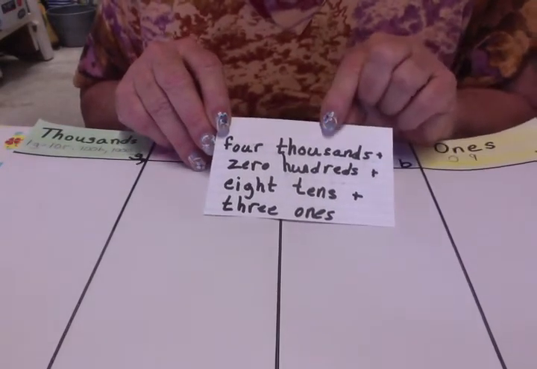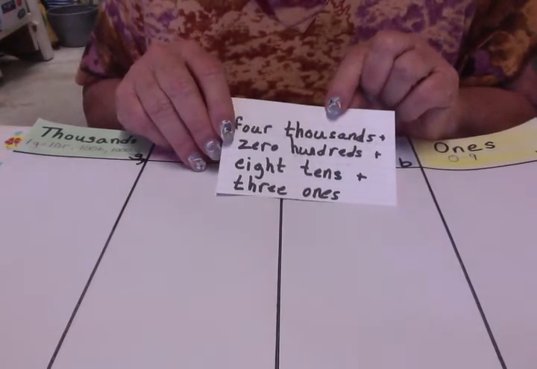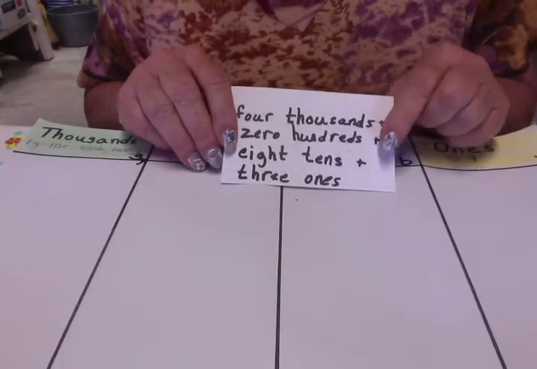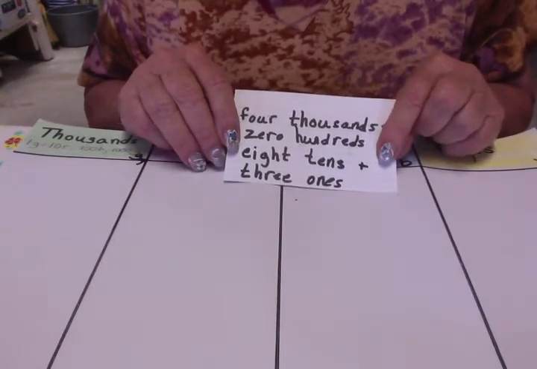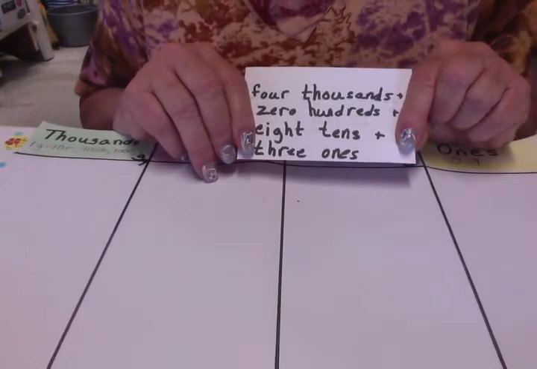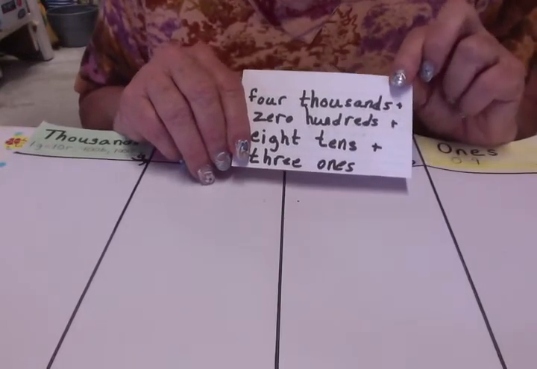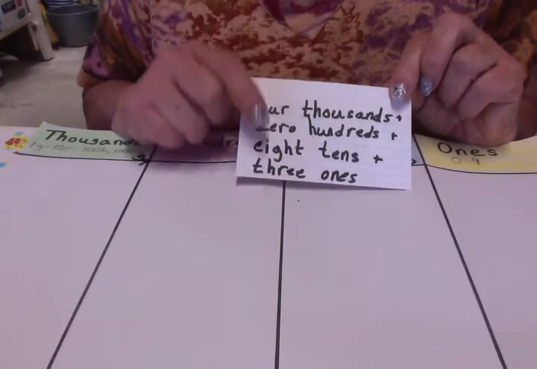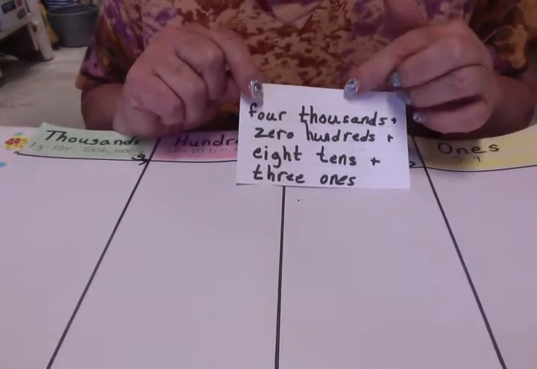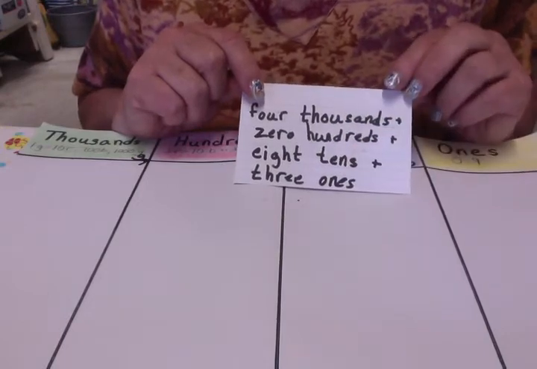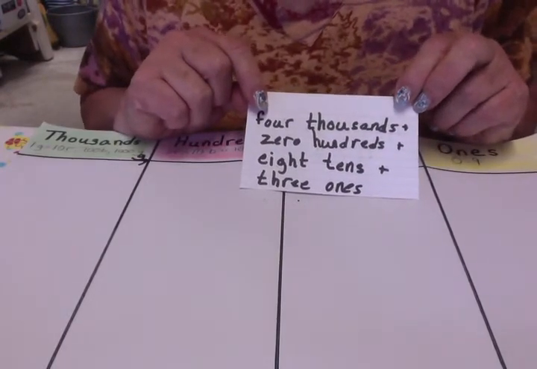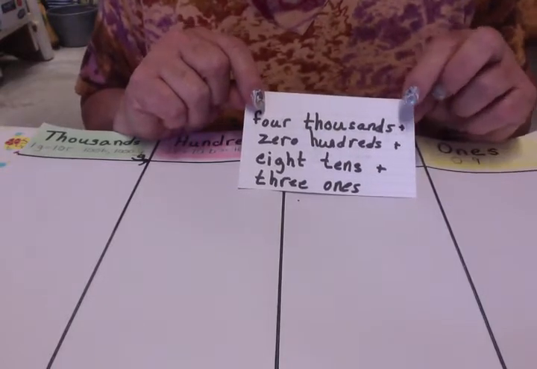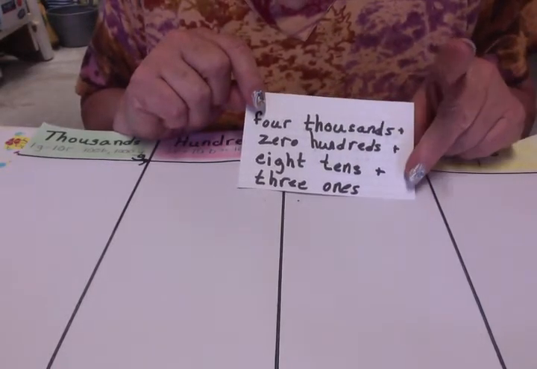It says 4,000s plus 0 hundreds plus 8 tens plus 3 ones. Notice that the numbers are written out in word form, and the place value is written out in word form. And that's what we really should do. If we're going to write it out in words, we should write it all out in words. And the only symbol that we have in here is the plus sign. Okay.